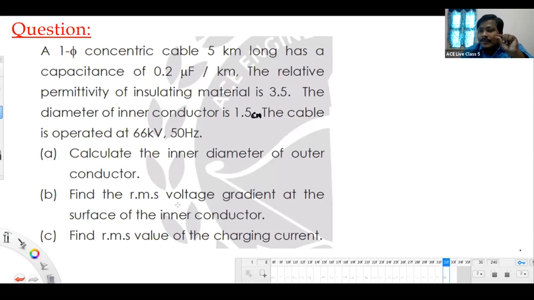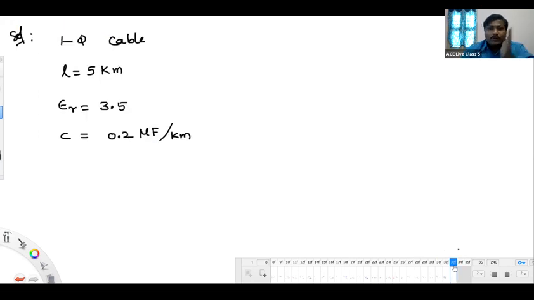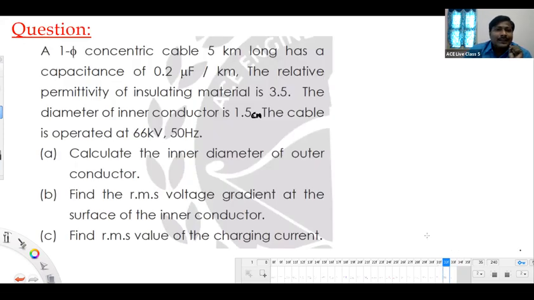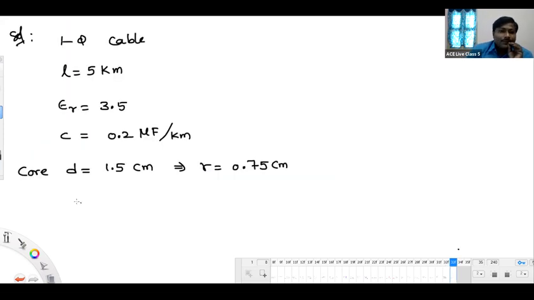Diameter of the inner conductor, the core diameter small d, is 1.5 centimeters. Then the radius of the core is 0.75 centimeters. Next, the cable is operated at 66 kV, 50 Hz.